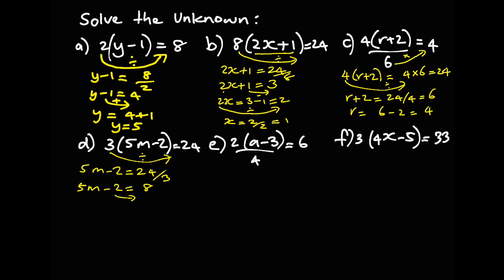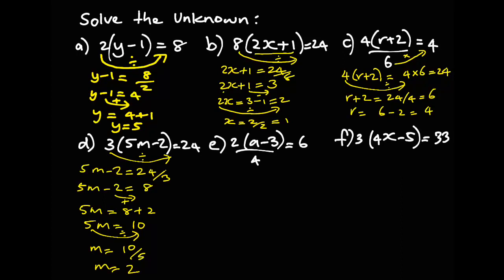Now we bring the 2 across. Because it's a negative, it comes across as a positive. So 5m equals 8 plus 2. 5m equals 10. And lastly, the 5 is multiplying by the m. So the 5 comes across to divide, to leave m equals 10 divided by 5, m equals 2.